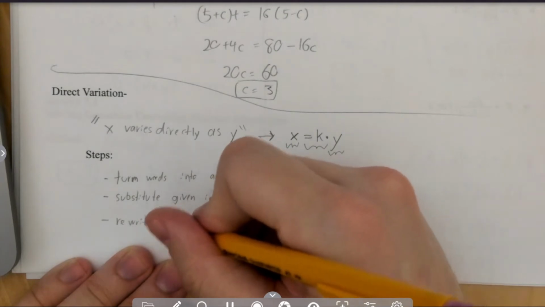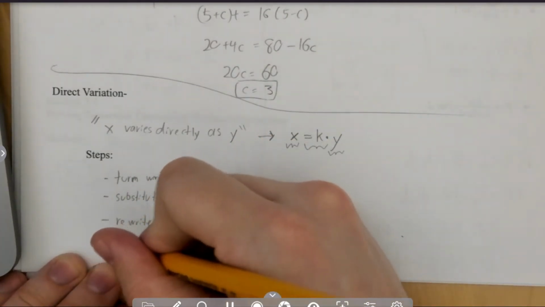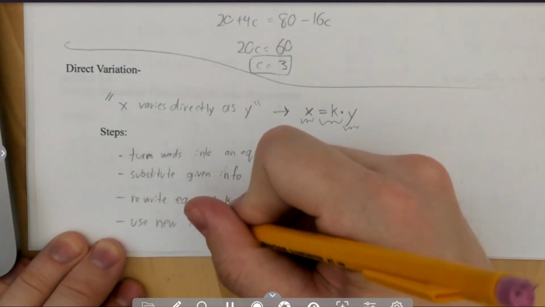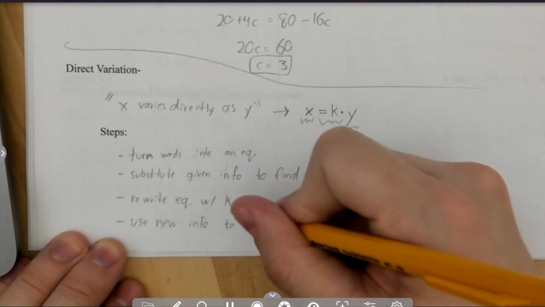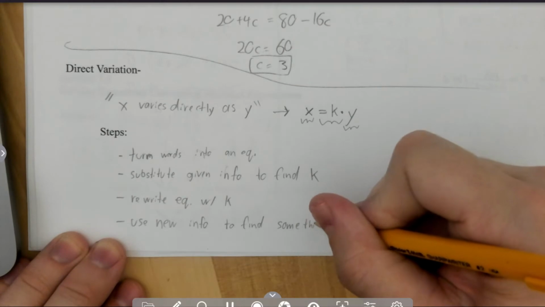Rewrite the equation with k, and then use new info to find something else.